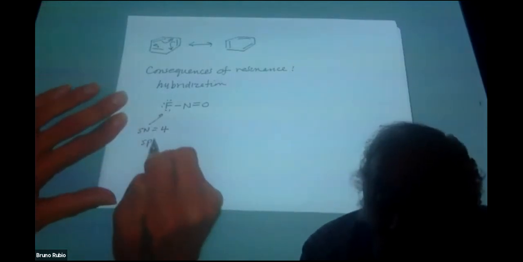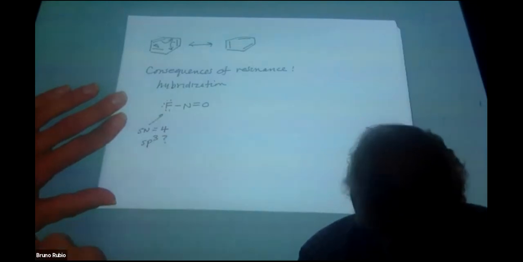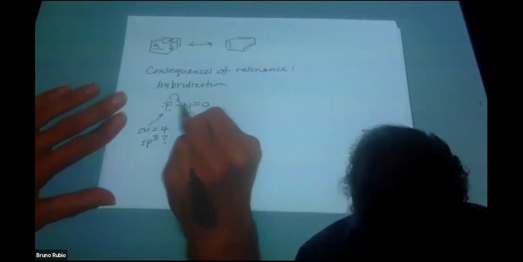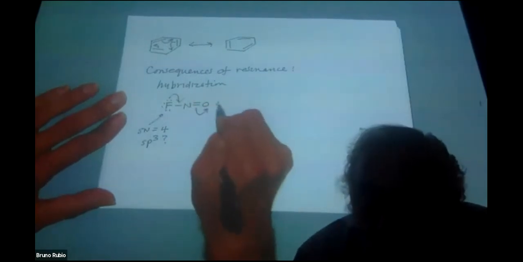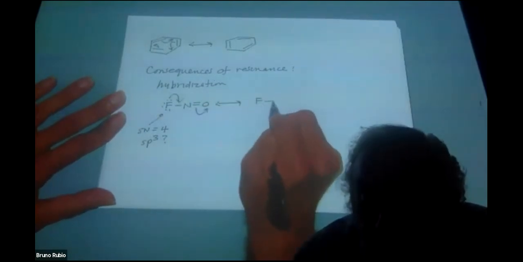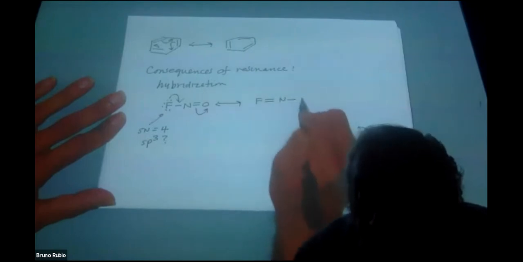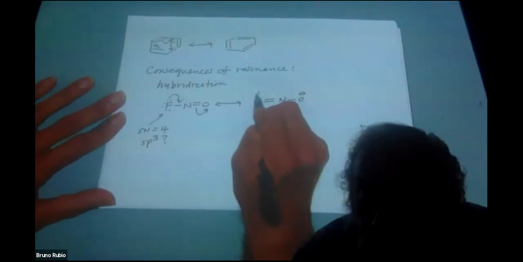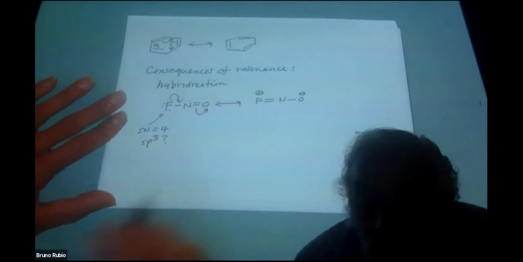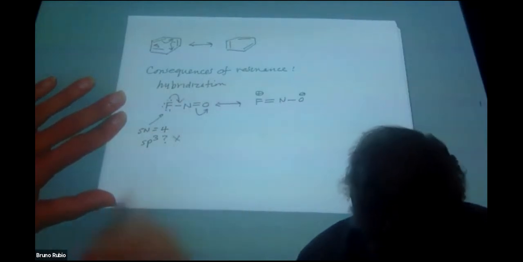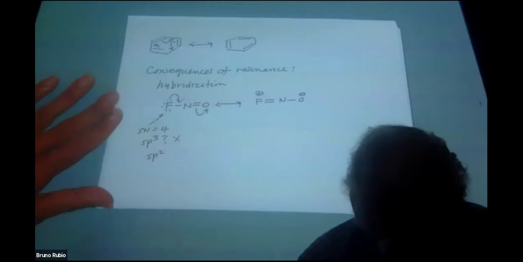So this is steric number of 4. Does that mean sp3 hybridization? It does not, because this fluorine has an unshared pair of electrons that can be moved around in resonance, right? So it's not sp3, it's sp2.